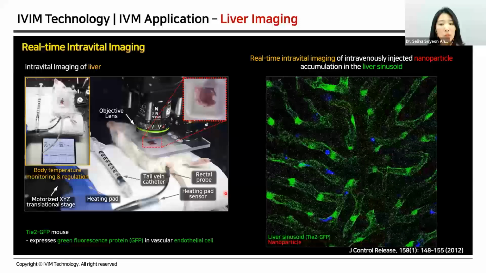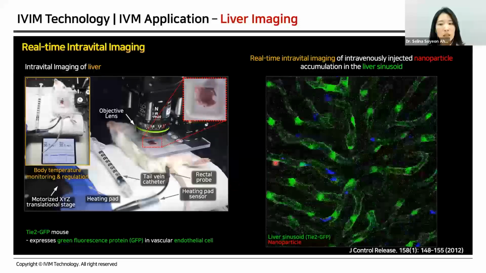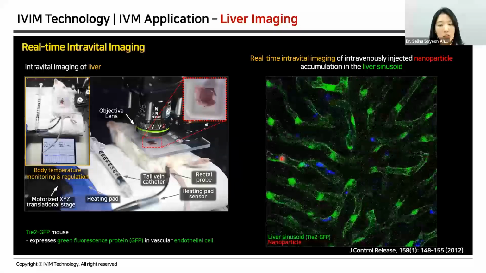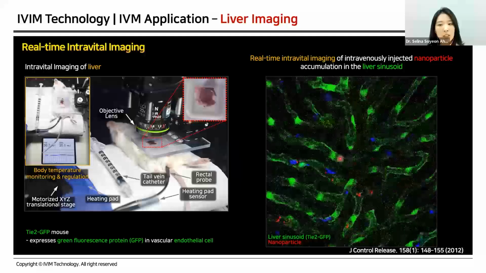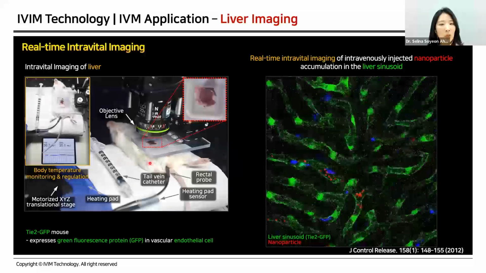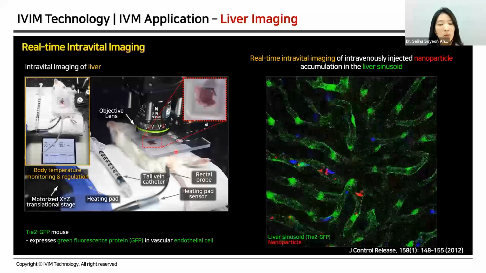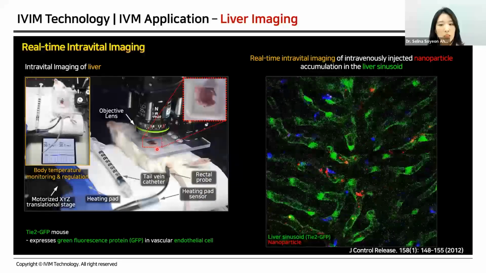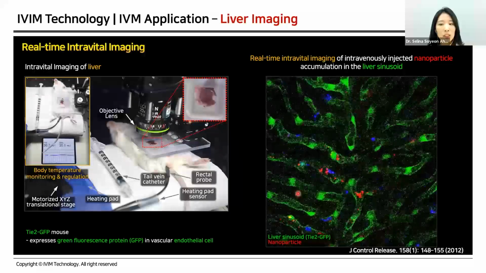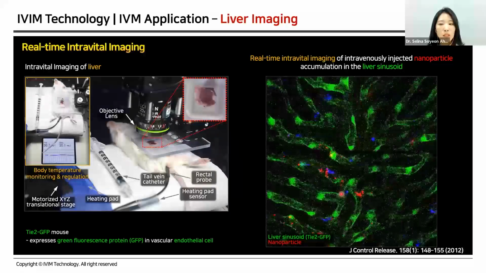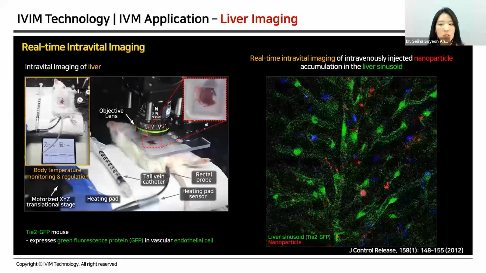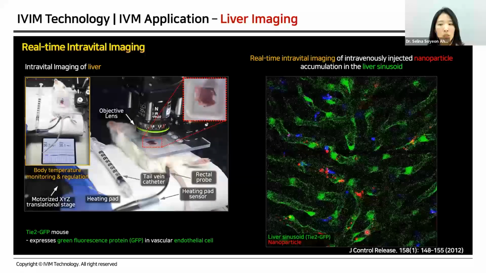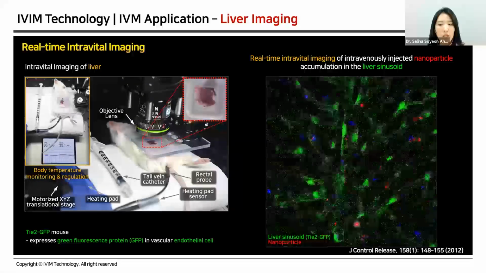For the liver imaging, we slightly incise the abdominal skin and the peritoneum to access the liver tissue and gently take the organ tissue slightly out of the body, mounting the liver with the cover slip. And then this is the research example of the nanoparticle drug delivery and accumulation in the liver sinusoid, which was captured by real-time video.